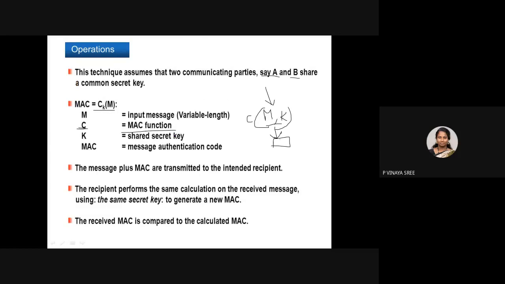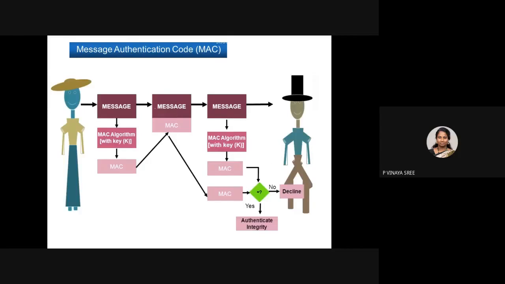A fixed-size length called a MAC. So what Alice will do is append this MAC to the original message. So this is your original message, this is your MAC. After appending, this is sent to Bob.